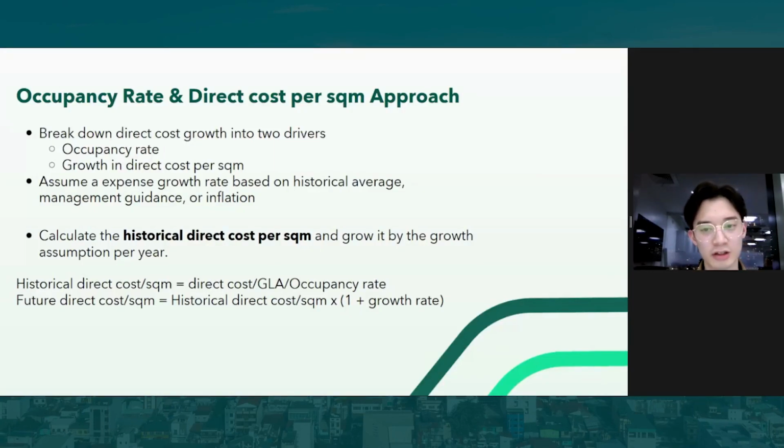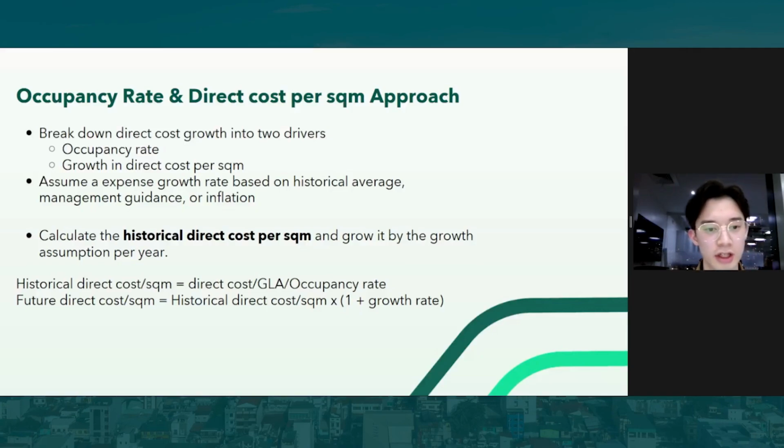Here we break down direct cost growth into two drivers: occupancy rate and growth in direct cost per square meter. For our assumptions, we have to assume an expense growth based on, let's say, a historical average, management guidance, or maybe even inflation.